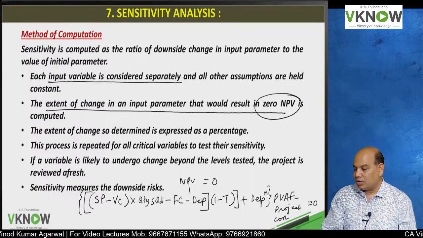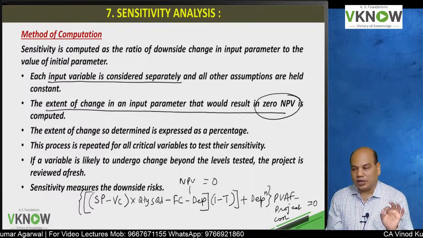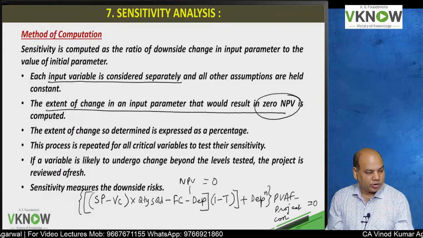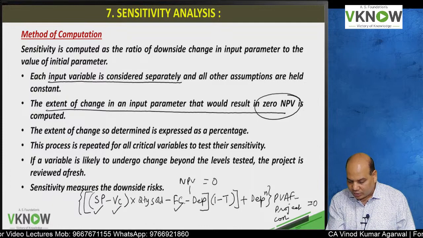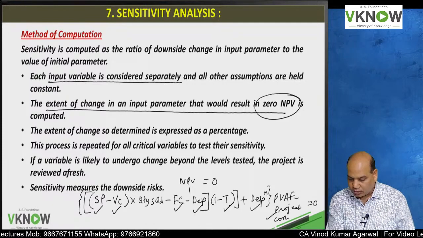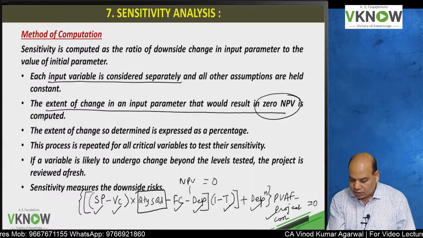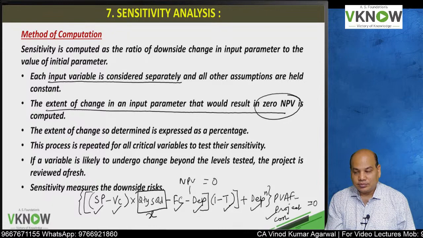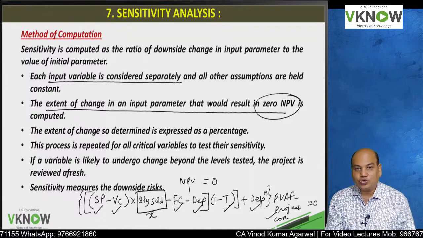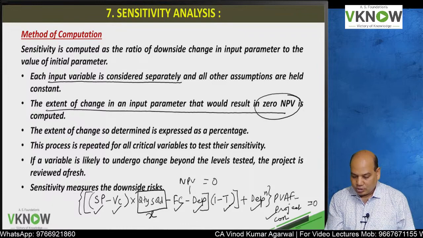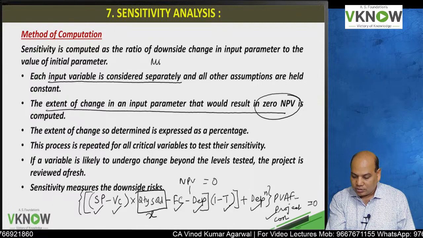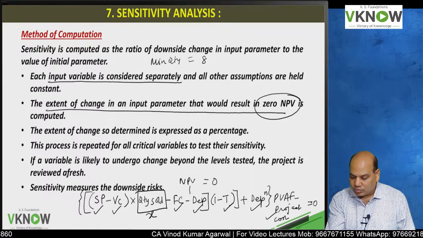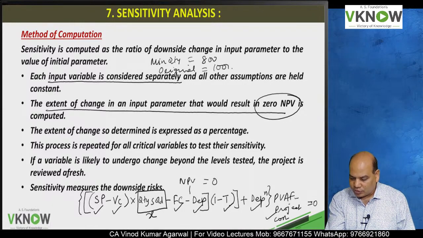This is basically my equation for finding NPV, but it can change from question to question. I will take all other variables from the question. This I will keep as X. If I am testing quantity sold for sensitivity, and suppose after solving this equation I require a minimum quantity to be sold of 800, my original estimate is 1000.